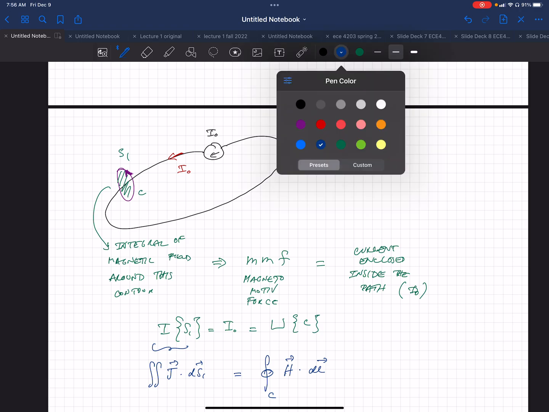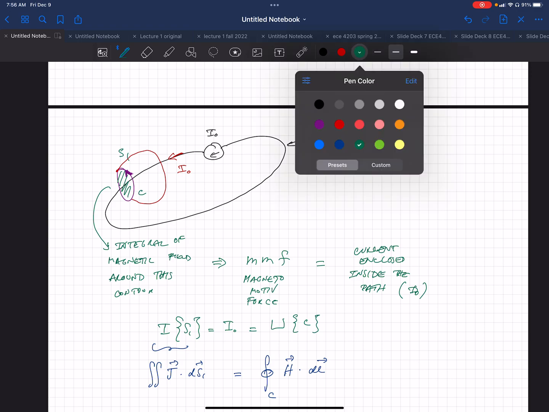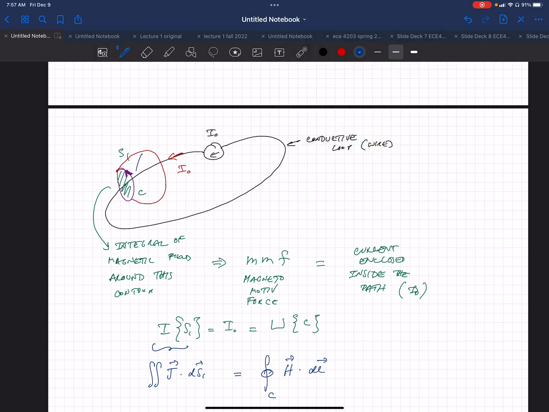But we could just as easily take another surface, call that S2, that looks very different, but the opening of it is still defined by this contour. So let's say we pick this outside area and call that S2.